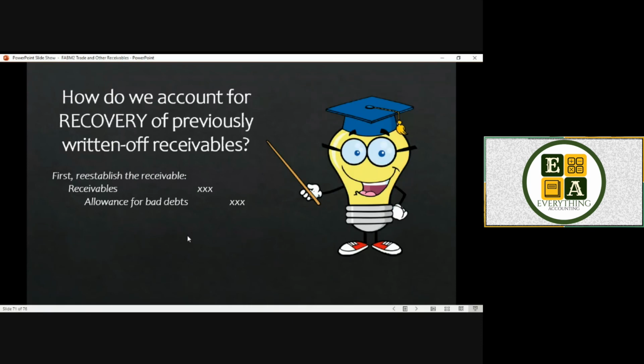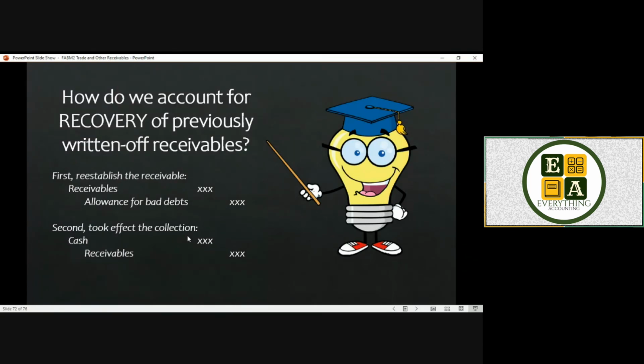Okay? So debit receivable account and credit allowance for bad debt. You are reestablishing the receivable account. Then afterwards, we took effect the collection. So we debit cash and credit receivables. That is how we account for recovery of previously written off receivables.